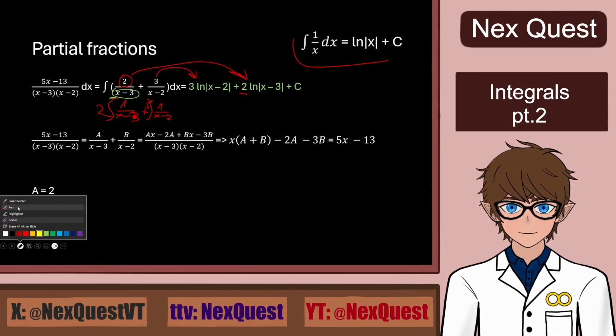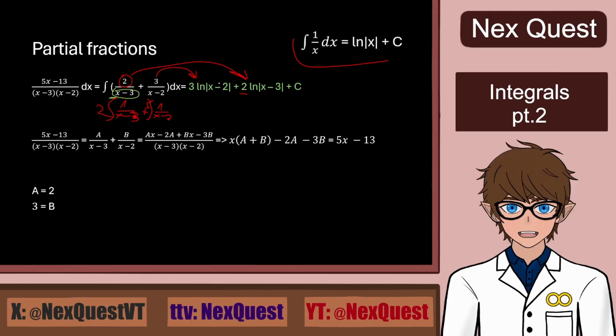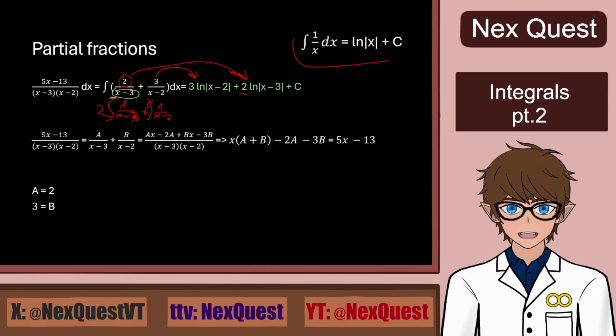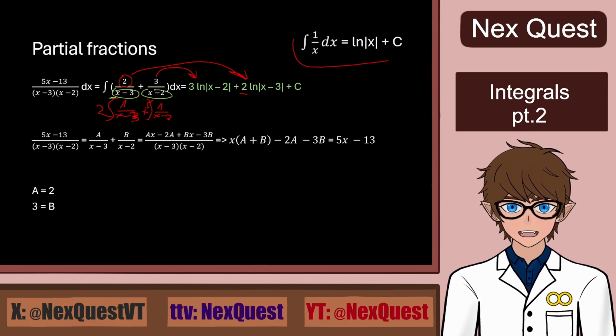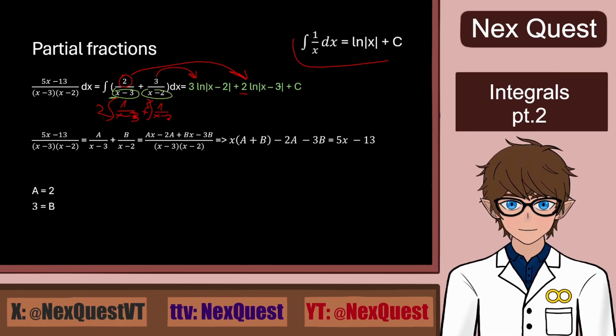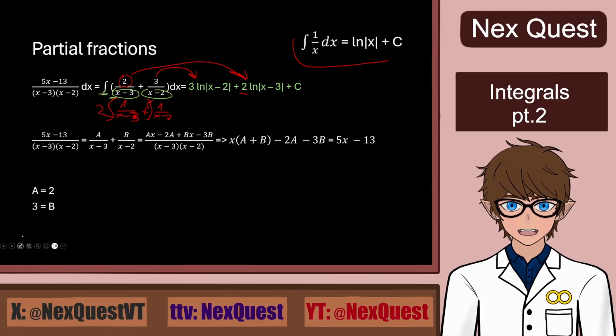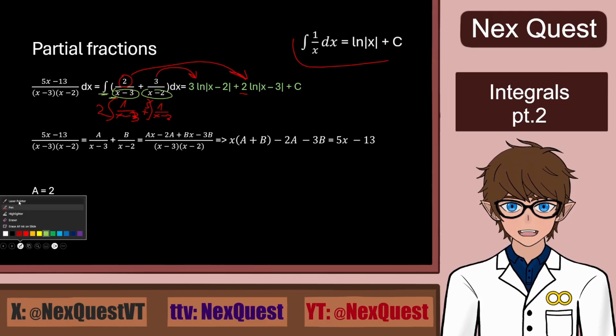So yeah, this is a linear insert, so we insert it in there as if it was x. We have constant multiplied by natural logarithm of absolute value of whatever was in here, we copied it in, plus c because it's an indefinite integral.